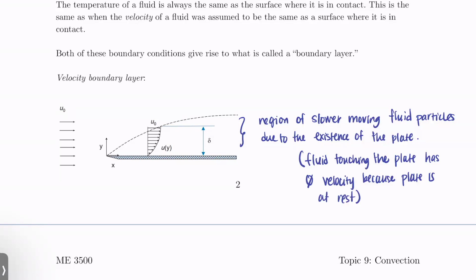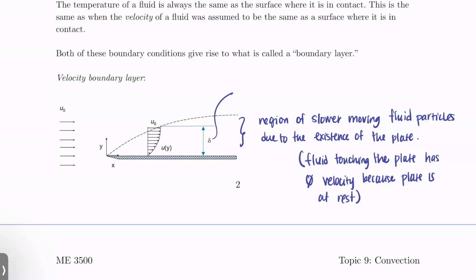So we essentially have this layer of particles at the plate that are not moving at all, and they kind of slow down the particles next to them. And as you get further away from the plate, the particles are less affected by those slow ones close to the plate. All right, and so we end up with this boundary layer.